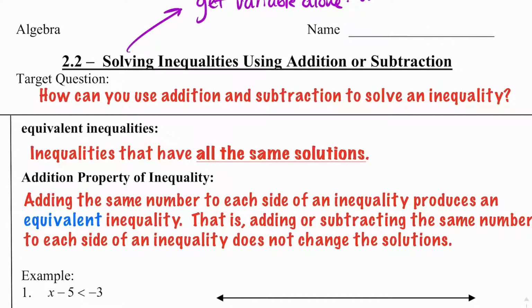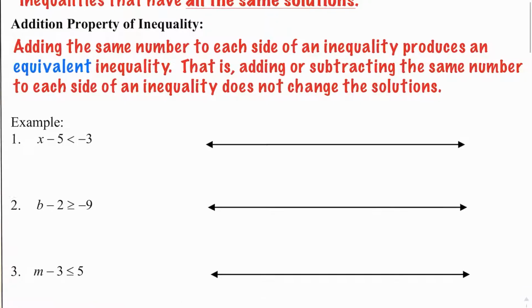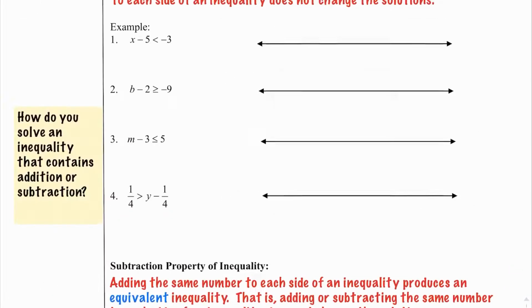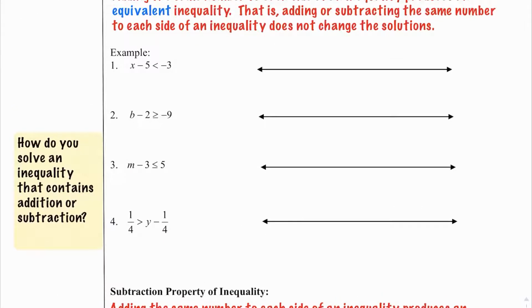Recall that we undo using inverse operations. So we have these fancy addition properties and subtraction properties, and I'll leave them on the screen so you could pause it and write them down. But all it's saying is that if we start with an inequality, like let's say this one, and if we wanted to get x alone, if I add 5 to both sides of an inequality, then it doesn't change the answers from the original inequality.